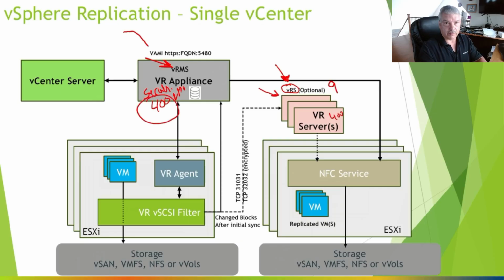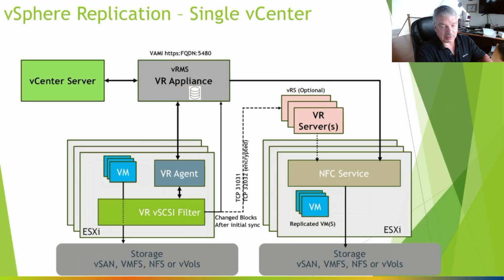That's a total of 10, therefore 4,000 VMs. Now there's a thing called enhanced replication mode, which is new in version 9. And in version 9, you can go all the way up to 5,000 VMs now. When we look at my picture, I'll come back to that enhanced replication in 2 seconds here, and I'll actually be demoing the enhanced replication because that seems to be the future.